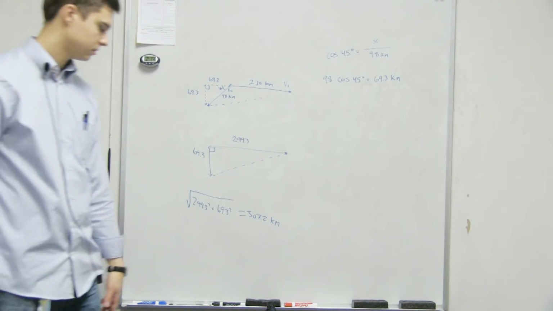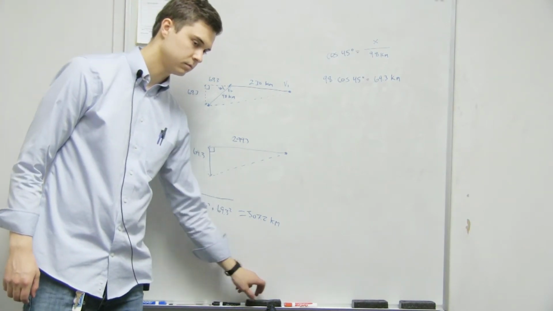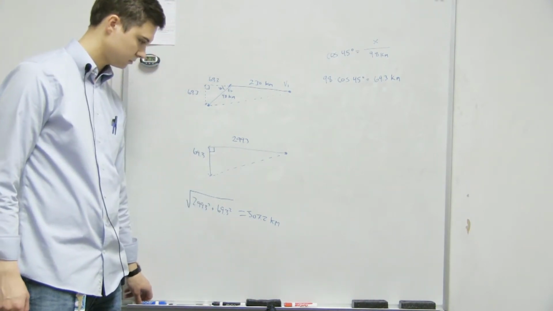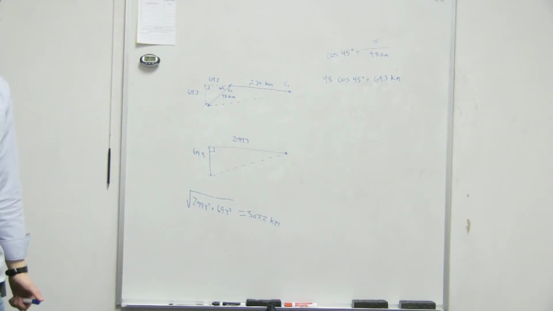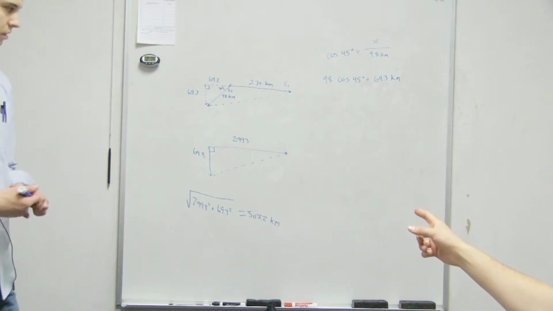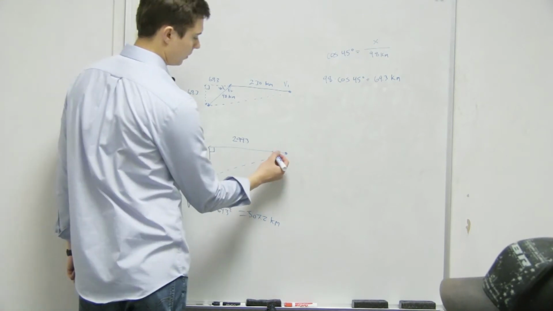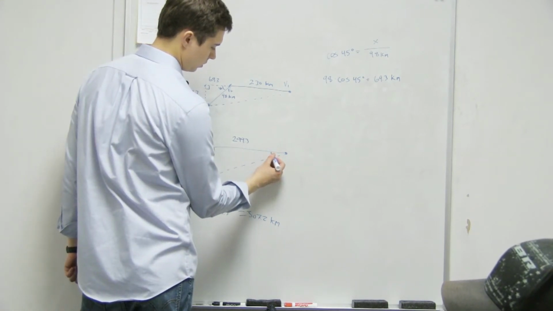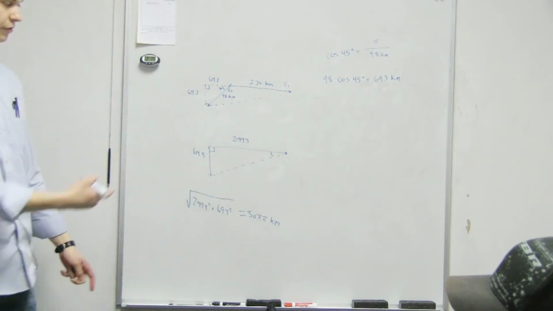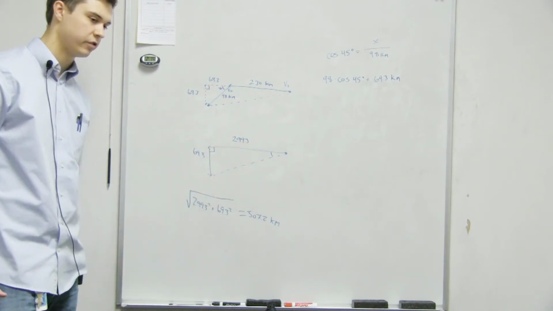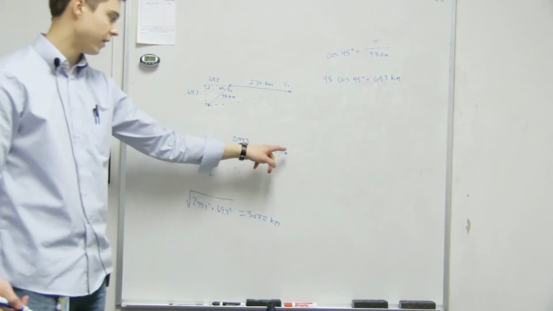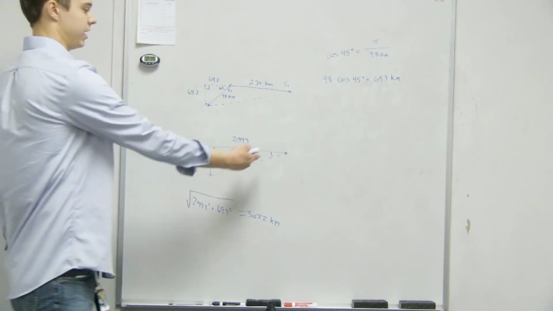Okay, and so then the second part of this question says, what is the displacement of the car from the point of origin? And then it has parentheses direction. So now they're looking for, we said the magnitude of this vector, but now it wants to know the direction of this new vector that we've just made, this dashed line.